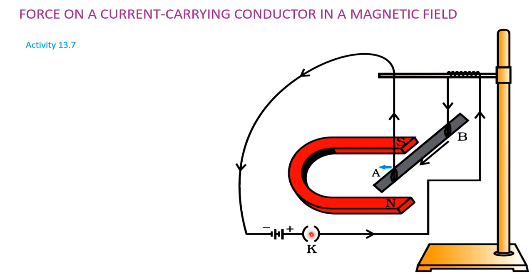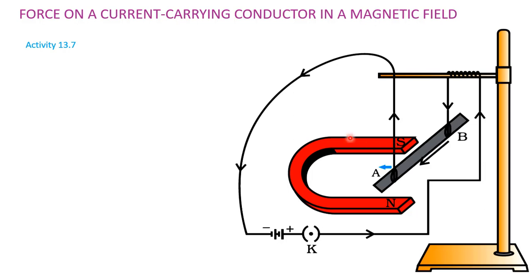When the key is pressed, current starts passing through the conducting wire, and as it is kept in a magnetic field, it moves towards the left side. This arrow sign shows the direction of force on the current carrying conductor.